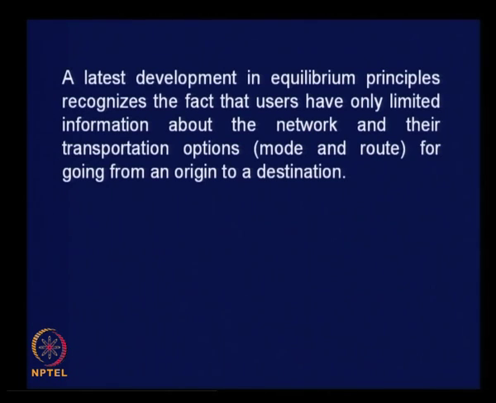A latest development in equilibrium principles recognizes the fact that users have only limited information about the network, and their transportation options, either mode or route, for going from an origin to a destination is based on the information they have.